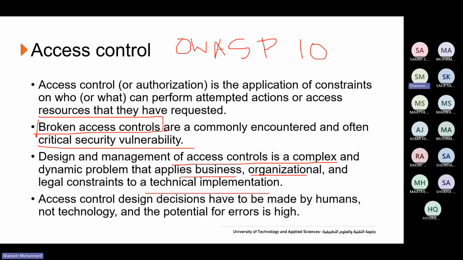So the decision of access control is made by humans, not technology, and the potential for errors is very high. If you allow the technology to take care of it, many errors may happen. So you should control it as a human.